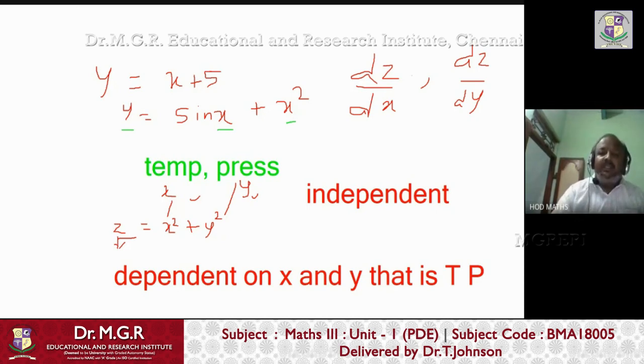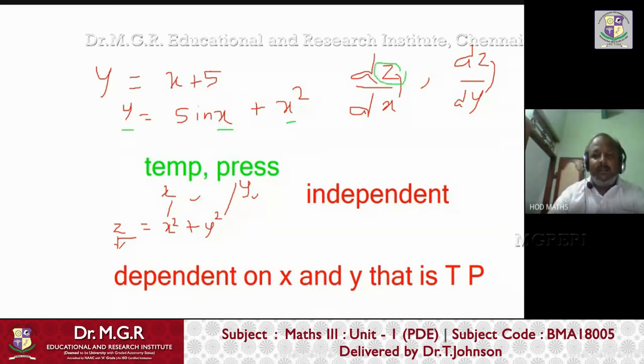So now z depends on two things. In the same way z may depend on 3 independent variables, 4, or any number of independent variables, but in our unit we are only concerned with 2 independent variables and 1 dependent variable. So you can follow this notation, right? So z is the dependent variable.